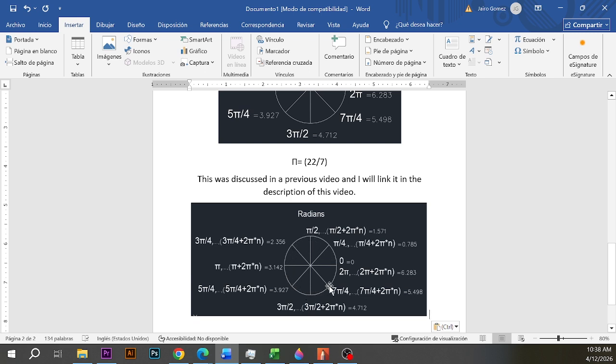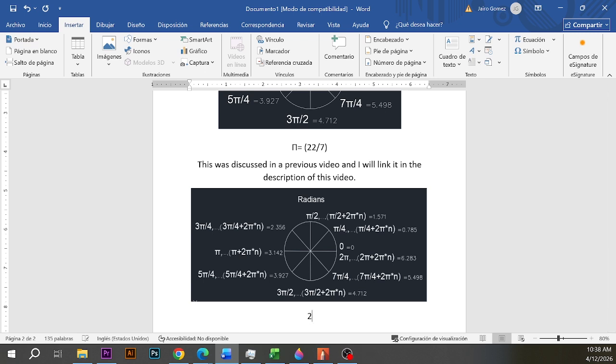So that way we get this equation where, depending on the number that we have, we take this 6.28 and multiply it by n as many times as we need to go. So if we were to go to infinity, we would multiply this 6.283 times n, which would also be infinity, so it would give us infinity.